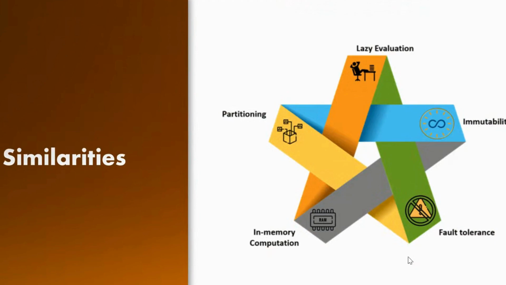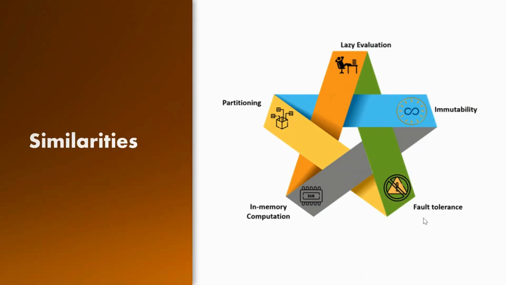Now, what are the similarities of all these APIs? First is lazy evaluation. What do we mean by lazy evaluation? Lazy evaluation means when we call a transformation on an RDD or a data frame, the operation is not immediately performed. Spark internally records metadata to indicate that this operation has been requested.